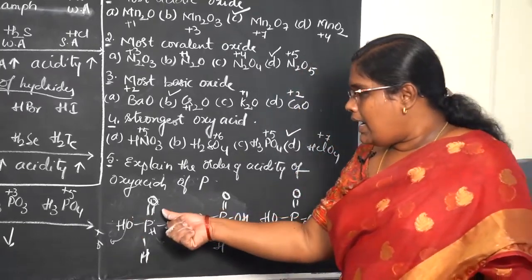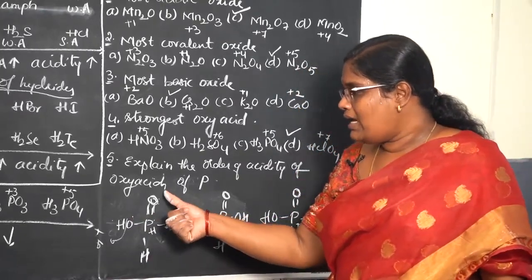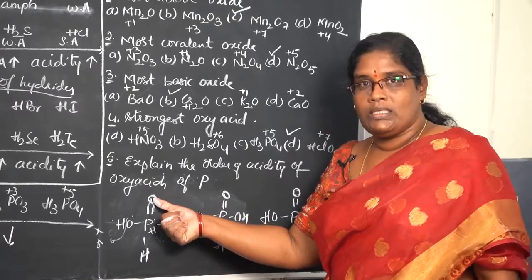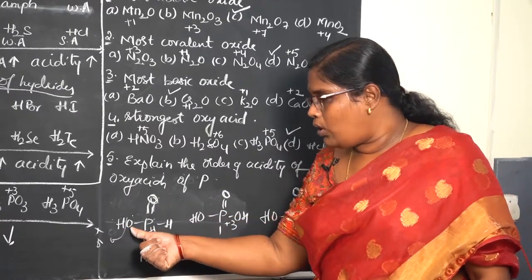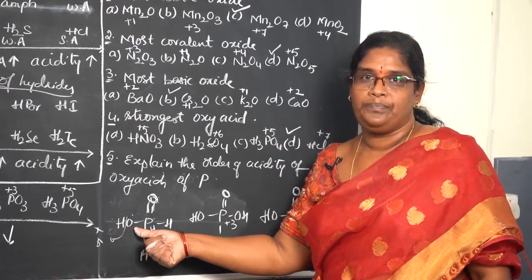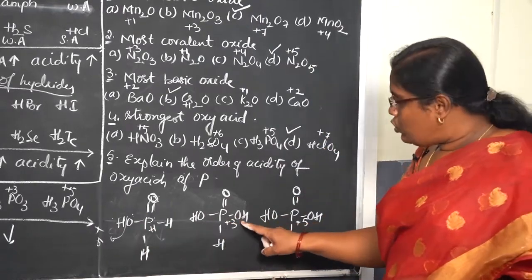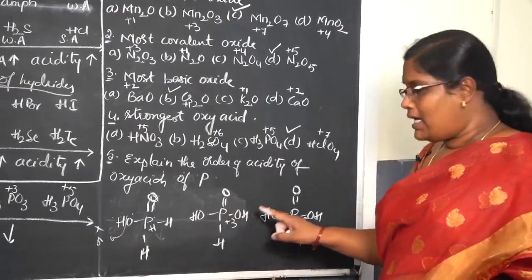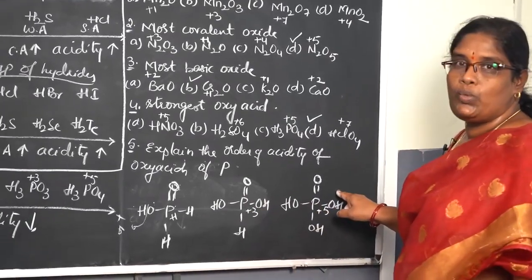In hypophosphorus acid, the unprotonated oxygen has to polarize only one OH group. Here, two OH groups must be polarized. Here, three OH groups.